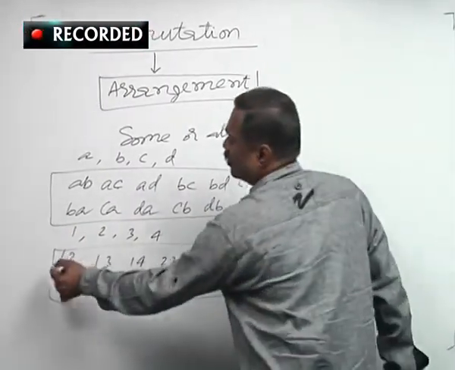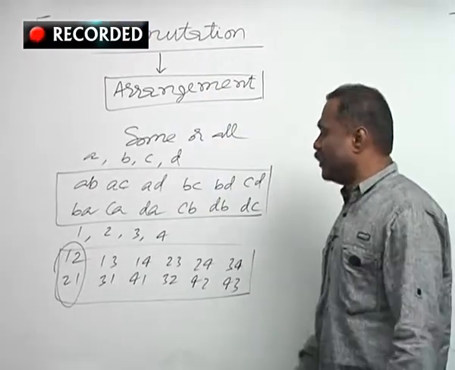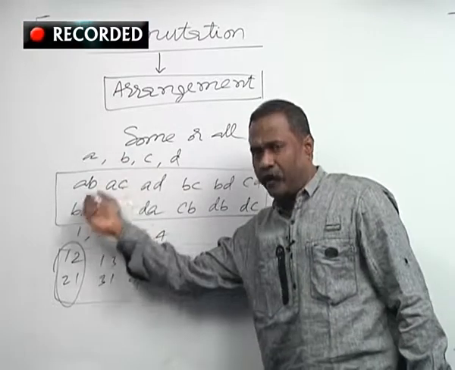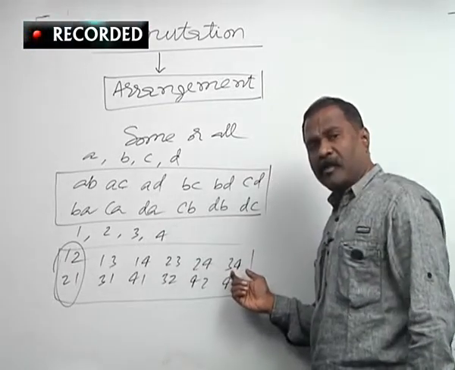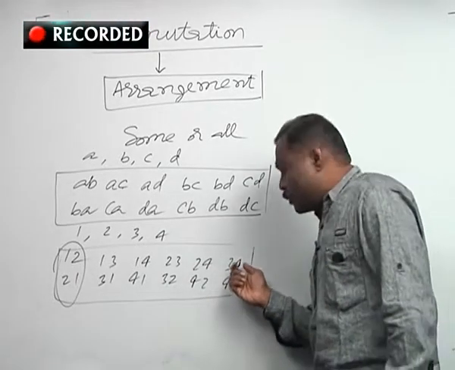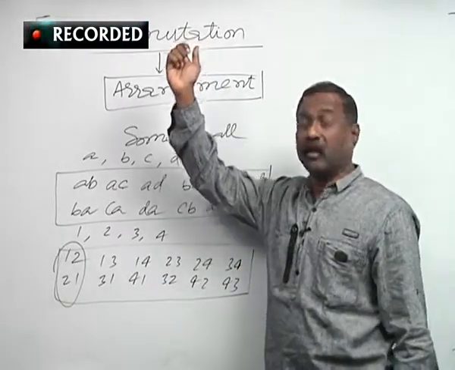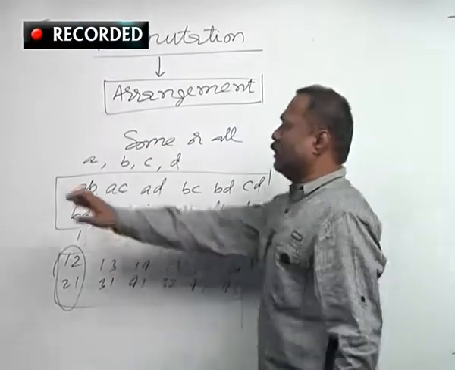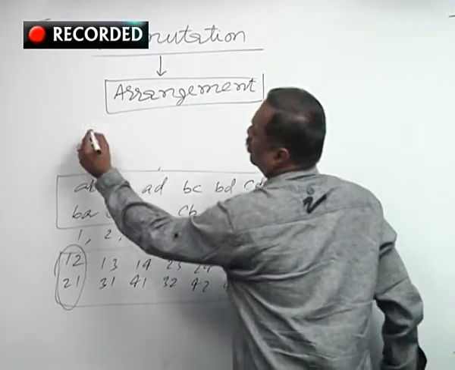What is the important thing to be noted in a permutation arrangement? In the permutation, whenever you are choosing two things, AB, here also 1, 2, here 3, 4, the order of things is also to be taken into consideration. So the permutation involves consideration of the order of things also.